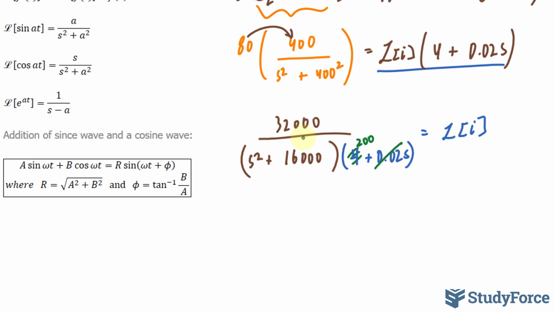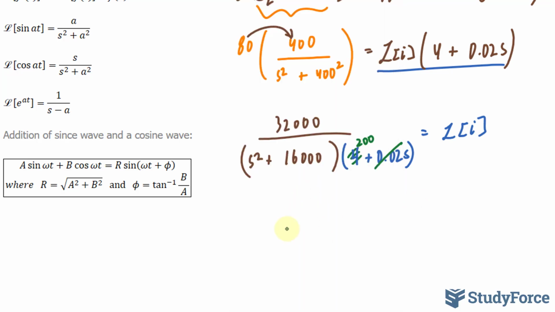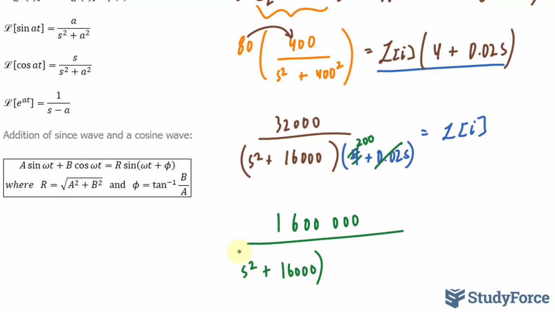So 32,000 divided by 0.02 gives us 1.6 million. So I'll write that down. 1.6 million at the top, divided by the expression at the bottom, which is s squared plus 160,000, that binomial times 200 plus s. And this is equal to the Laplace transform of I.